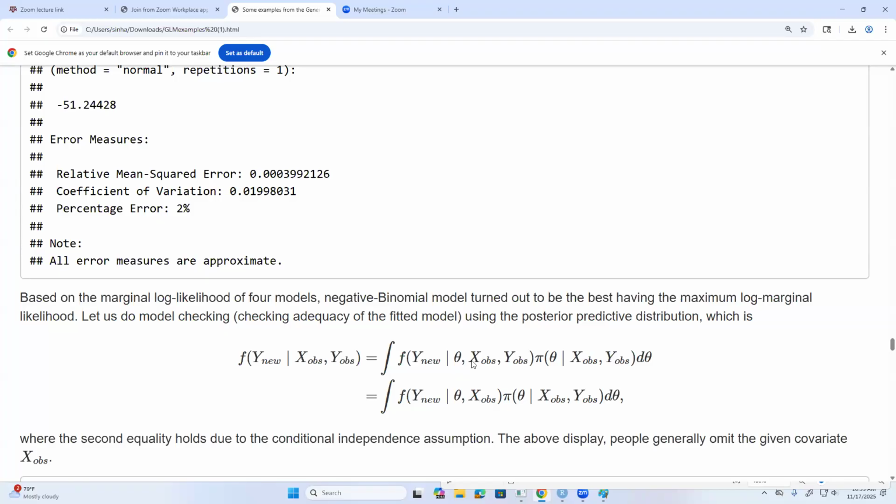And conditional independence means given the true parameter theta, your new value does not depend on the observed data. Given the true parameter, you always keep the true parameter. Then this one does not depend on y observed. Therefore, I omitted y observed.